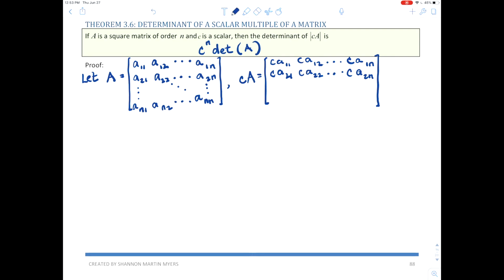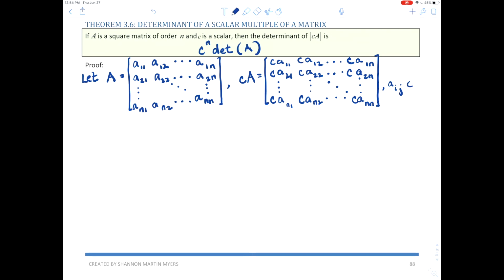The first column would keep going all the way down to CAn1. The second column would keep going until we got to CAn2. And then we'd keep going over and then down from the last column until we got to CAnn. And then the diagonal also goes across. Groovy?